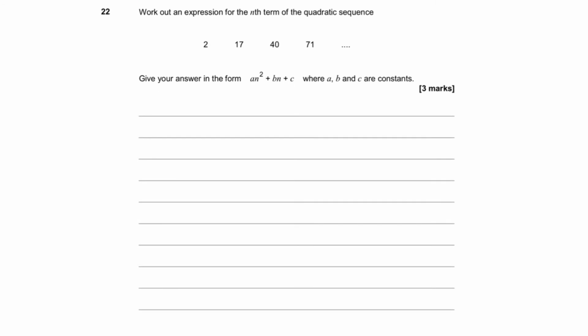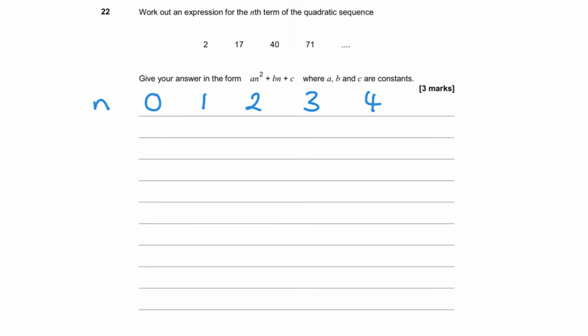So our last question says, work out an expression for the nth term of the quadratic sequence. 2, 17, 40, 71. Give your answer in the form an squared plus bn plus c. So step 1 is to write the line labelled n. So these are our numbered terms, including 0. So we've got 0, 1, 2, 3 and 4.